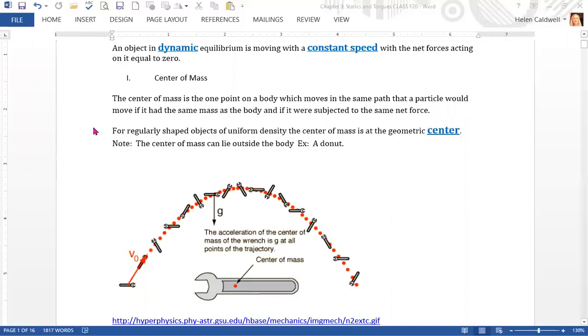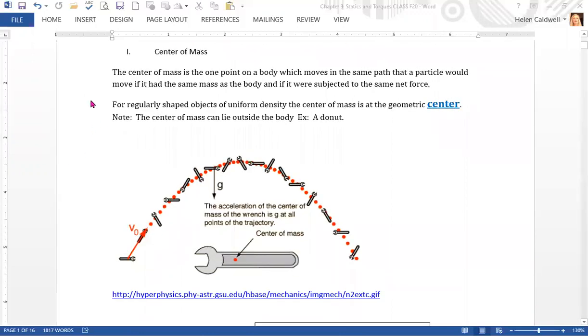So let's look at center of mass. Some of you may know something about this. The center of mass is a place on an object where if you pretend that all of the mass is concentrated there and you do your physics problems, assuming that's where the mass is, you'll get the same answer as if the mass is distributed the way it really is.